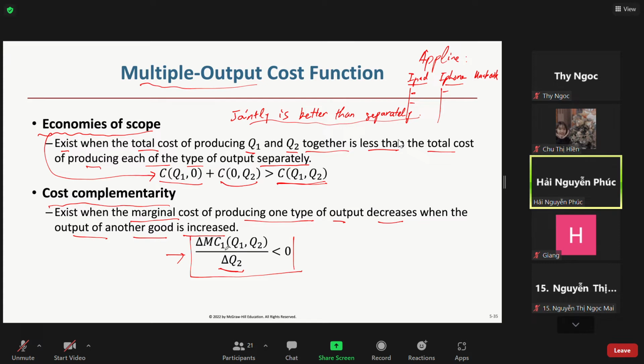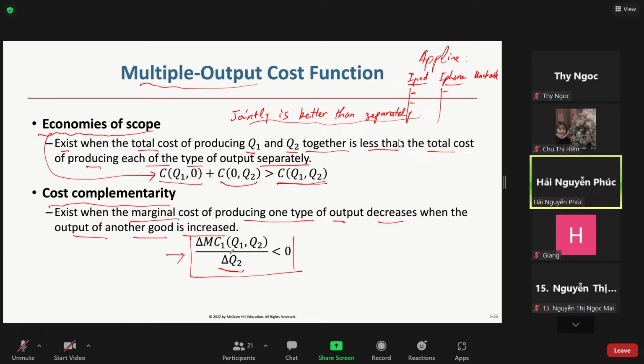MC1, when good 1 and good 2 are produced jointly, is the marginal cost of producing good 1. And delta MC1 is the change in the marginal cost of producing good 1.